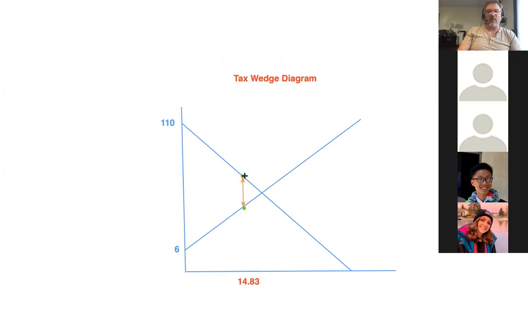Now, the reason why we want them both on one diagram, they're just where the tax wedge fits in the diagram, is that one of them corresponds to P sub B, the buyer's after-tax price, and the other one corresponds to P sub S, the seller's after-tax price. Okay.